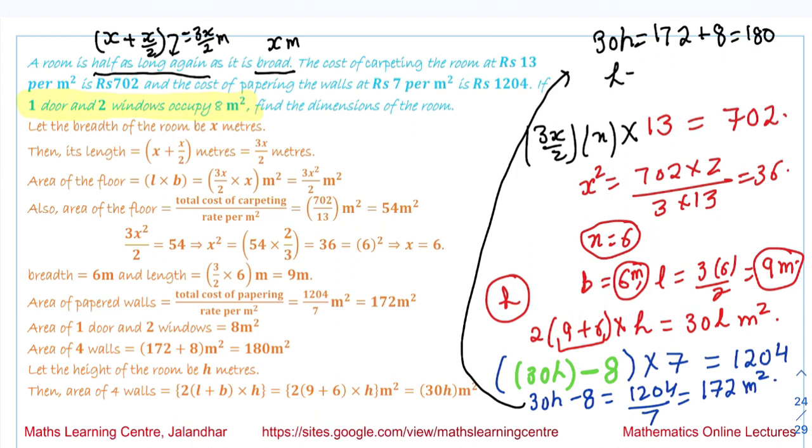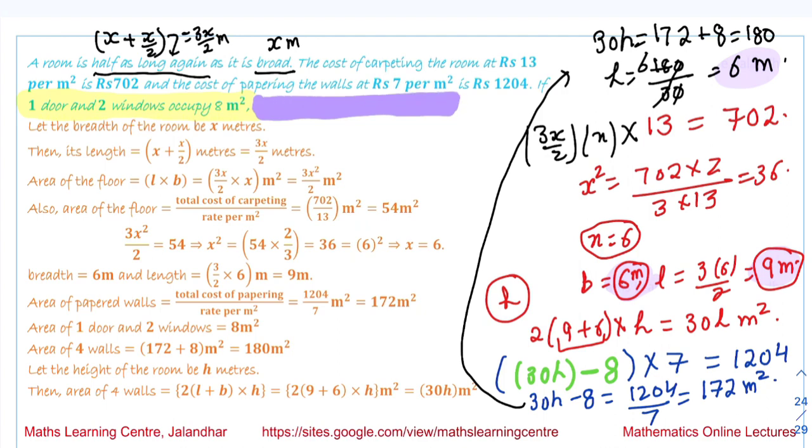So the value of H we will have is 180 by 30, that is equal to 6 meters. So what we have obtained is that the length of the room is 9 meter, breadth of the room is 6 meter and height of the room is 6 meters. And this is what we have to find. We have to find the dimensions of the room and they are 9 into 6 into 6 meters.